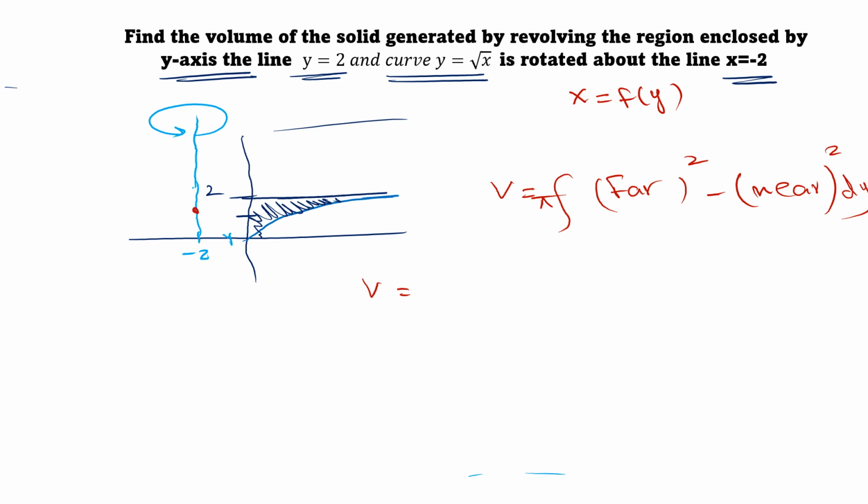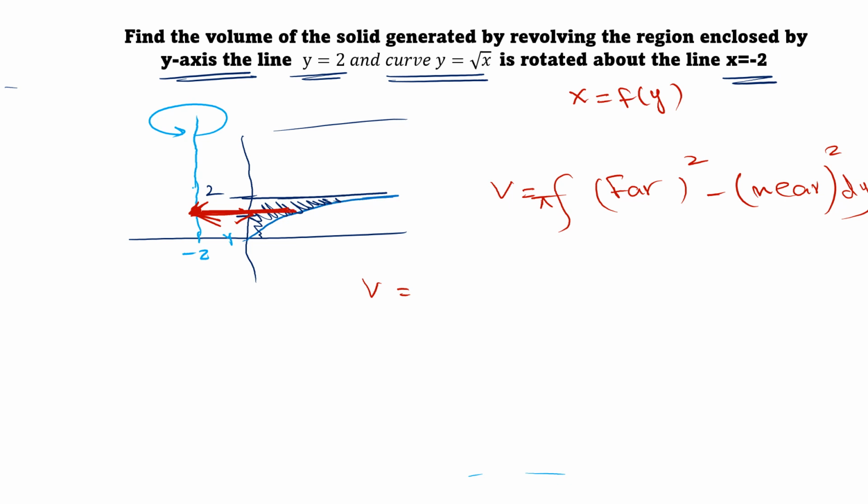Now let's try to understand this part. This is the axis of revolution, right? So what is the farthest one? The farthest one is here. And we go from left to right, so it's correct. What is this distance from here to here? It is 2. Distance cannot be -2. Distance should be +2.